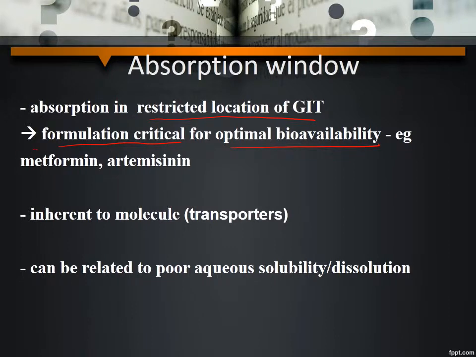For example, metformin and artemisinin, whereby their absorption is restricted to a certain location of GIT. And second, the absorption window may be inherent to the molecule of the drug. For example, the drug needs a specific transporter for passing through the membrane.